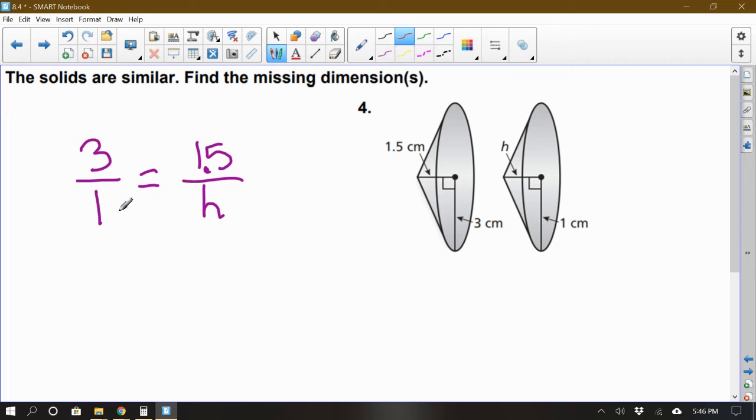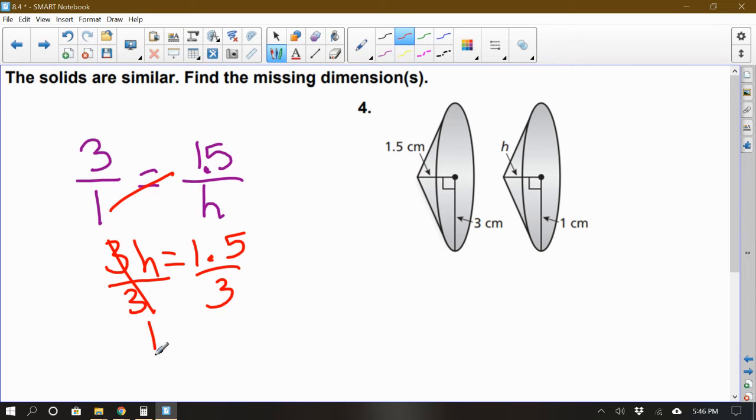Alrighty, cross products. So 1 times 1.5 is 1.5. 3 times h is, well, 3h. Okay, let's get that h by itself. We'll divide by 3. Cancels out the 3's. And we have h equaling, well, 1.5 over 3, but I'm not supposed to have a decimal in a fraction.